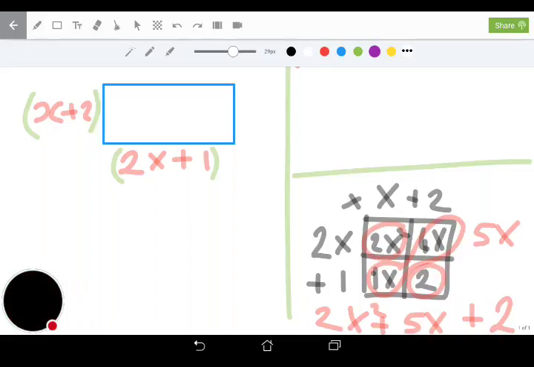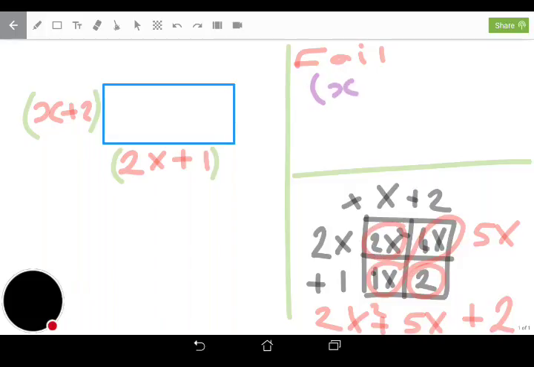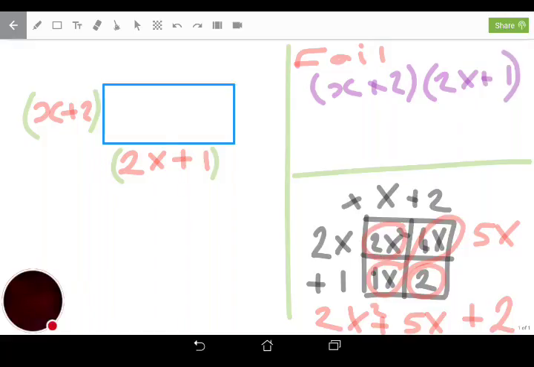So I'll do this here. I'm going to start off with x plus 2, and I'm going to add 2x plus 1. Okay. So what I'm going to do first is I'm going to times my first 2 brackets.